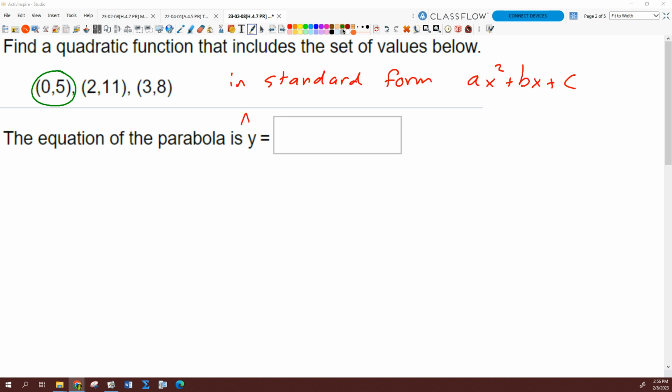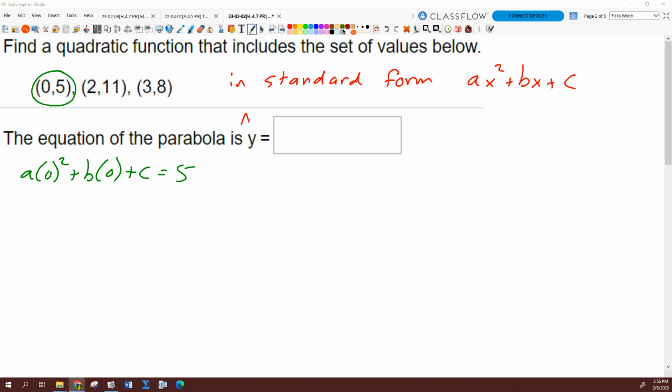So that's telling us when x is 0, y is 5, right? So let's plug 0 in for x and see what we get. Well, if I plug 0 in for x, I get a times 0 squared plus b times 0 plus c equals y, which is 5.